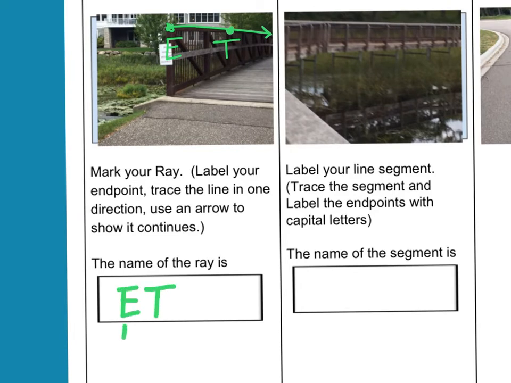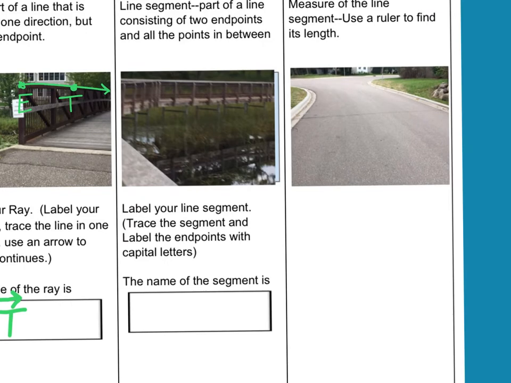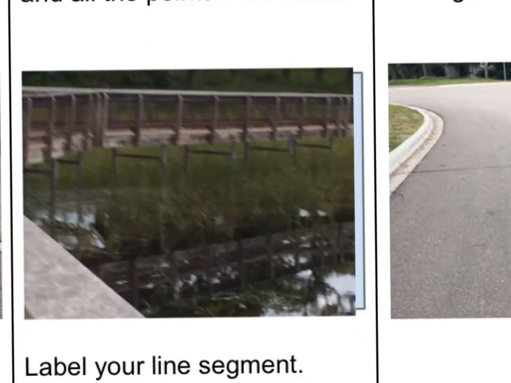I always put the endpoint or the start point, whichever you prefer to call it, first. And then there's a label that goes over the top. The notation is a ray. And we always point that ray to the right, even if the line goes to the left or up or down. A line segment is part of a line that has two endpoints.